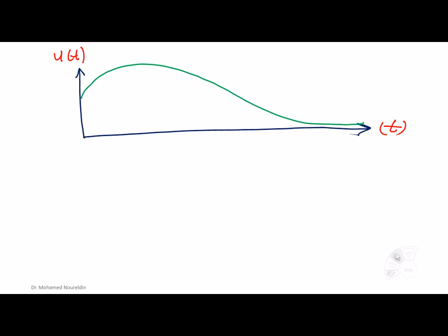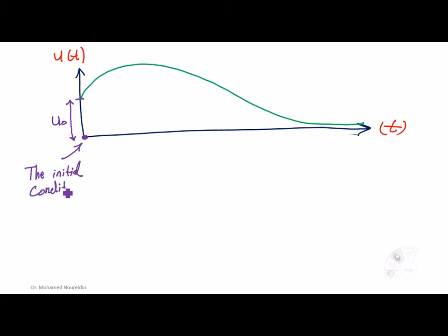Here in the beginning, this vertical distance is going to be the original value at t equal to 0, so it is going to be u naught. This is the case of the initial condition.